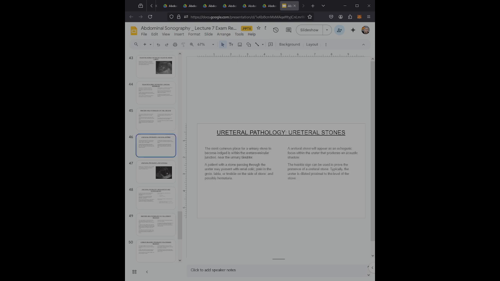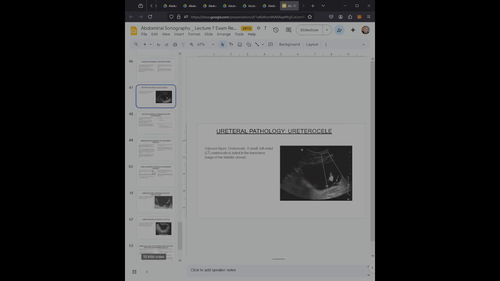Ureteral stones most commonly become lodged in the ureterovesicular junction near the urinary bladder, and they appear as echogenic foci within the ureter that produce acoustic shadowing and dilatation of the ureter proximal to the stone.